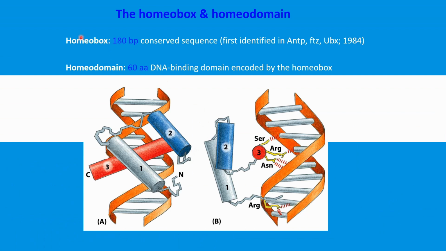So the homeobox is this stretch of DNA, 180 base pairs long, of conserved sequence that was identified in Antennapedia in 1984. And in other genes, the same sequence is present, right? And it's recognized by a homeodomain transcription factor, and the homeodomain itself is a 60 amino acid long protein domain that binds to DNA that has the homeobox.